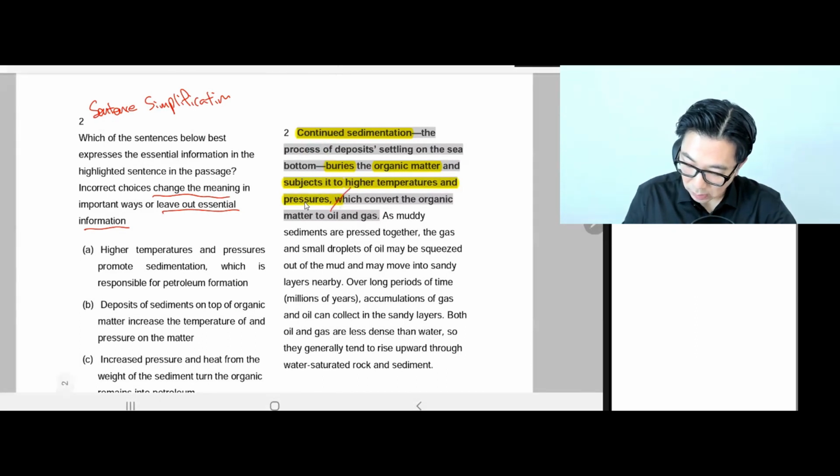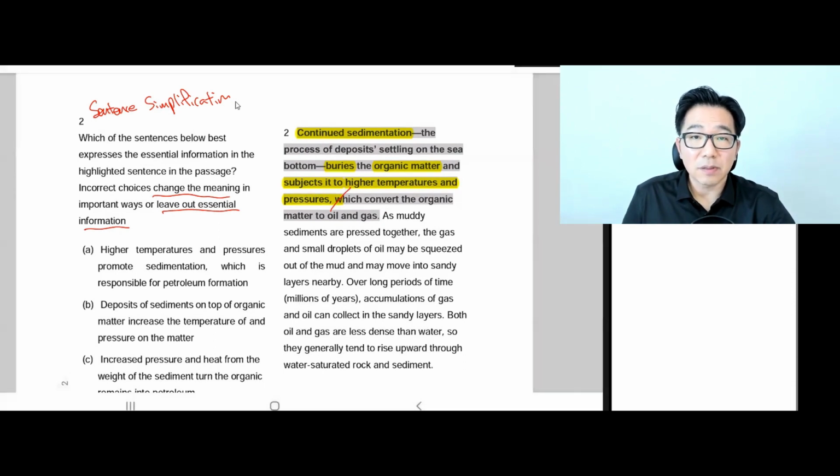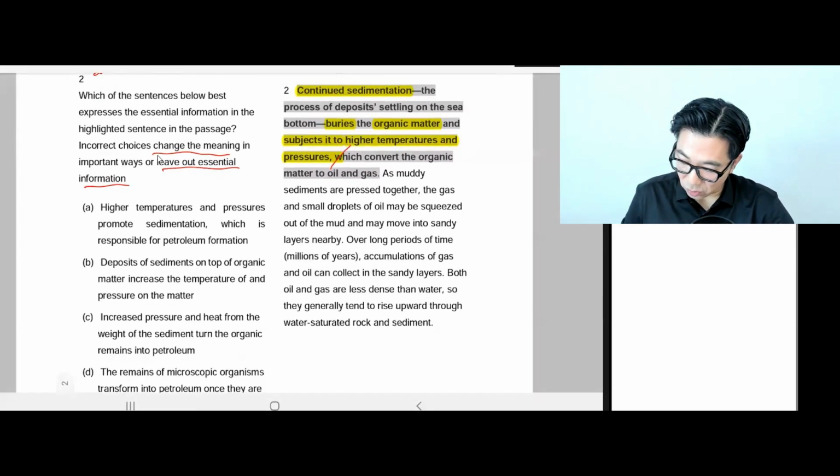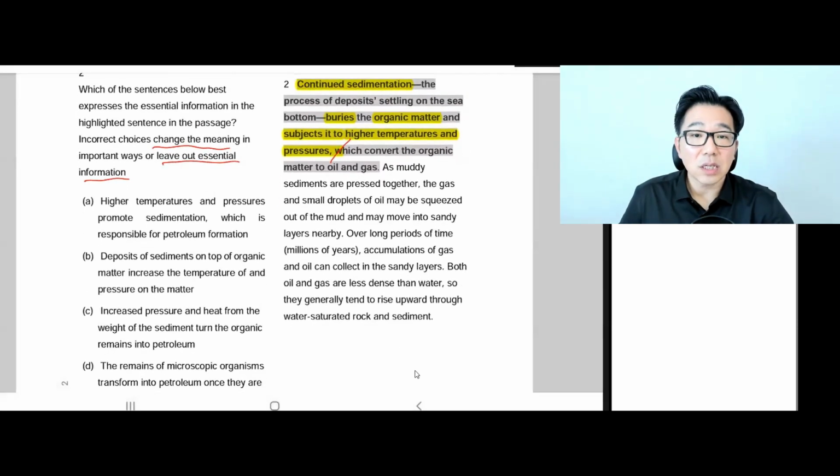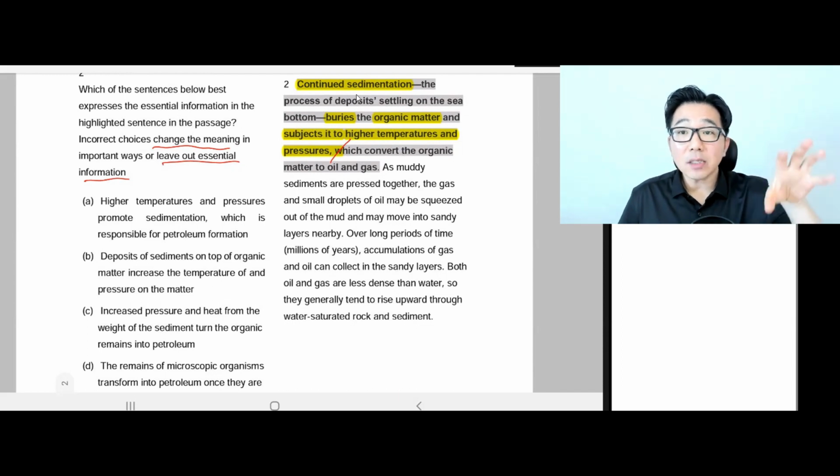As I told you in the previous video when I was covering this question type, sentence simplification, the best way to solve this question is to write your own notes here, or on a piece of paper, so that you know exactly what this highlighted sentence means, and also have the two or three parts comprehended so that you can choose the right answer.